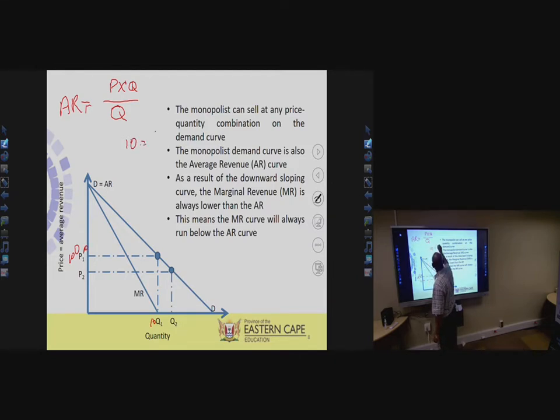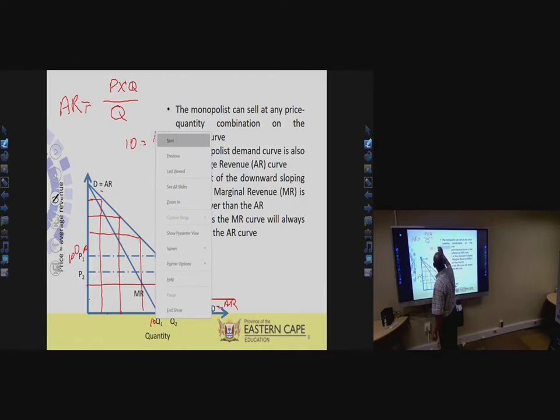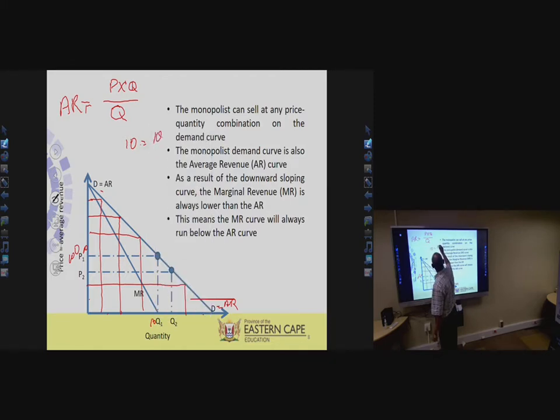Then I can show you this. Let's say this is the price, and I just want to put figures. At that particular price, let's say the quantity there is 10.